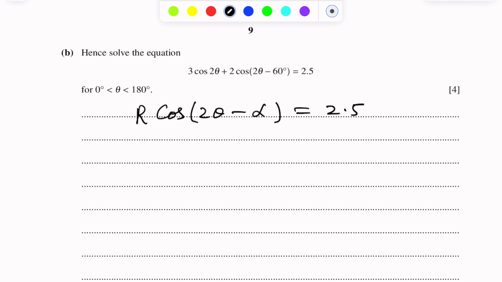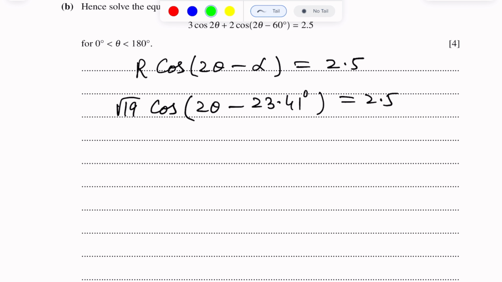So first of all, putting the values of r and alpha here, root 19 cos(2 theta minus 23.41 degrees) is equal to 2.5.